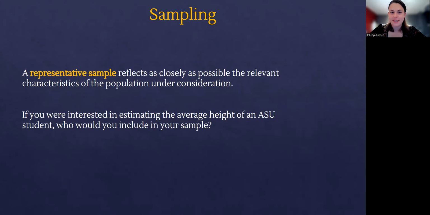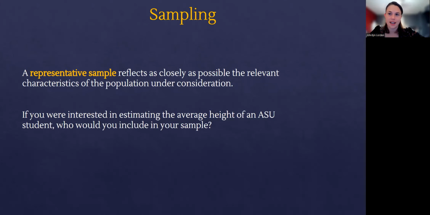A representative sample reflects as closely as possible the relevant characteristics of the population under consideration. So this is if you took a good sample. If you take a good sample, it is a representative sample. So just a little thought experiment. What would you do to try to make sure that you accurately sampled to get the average height of an ASU student?